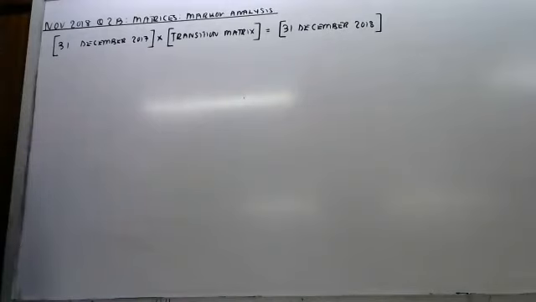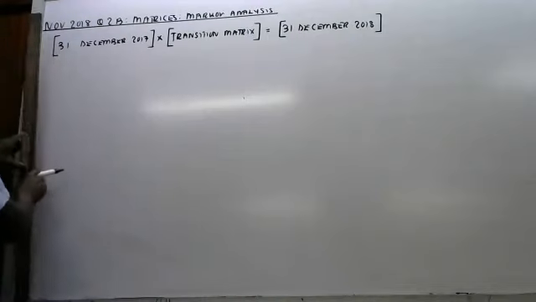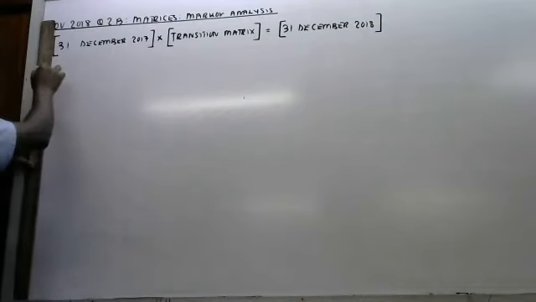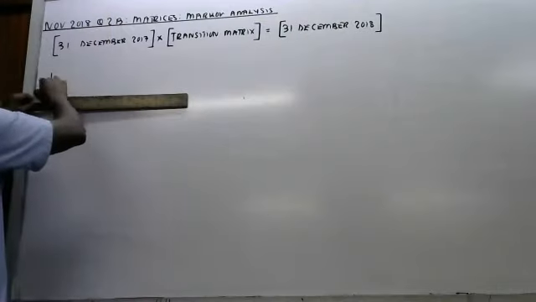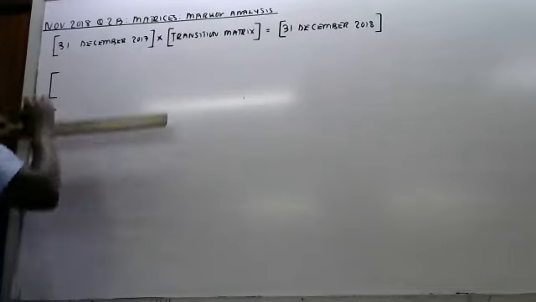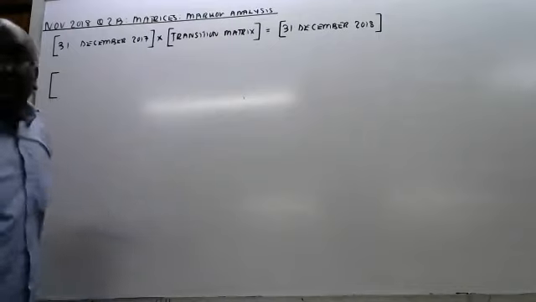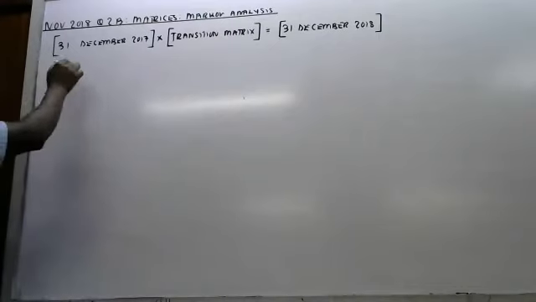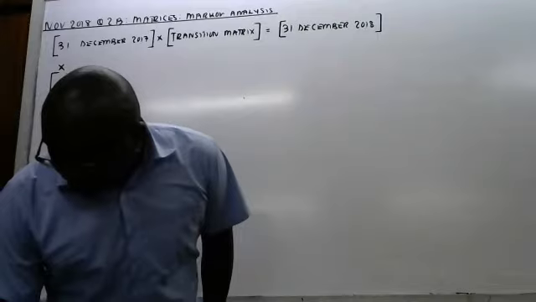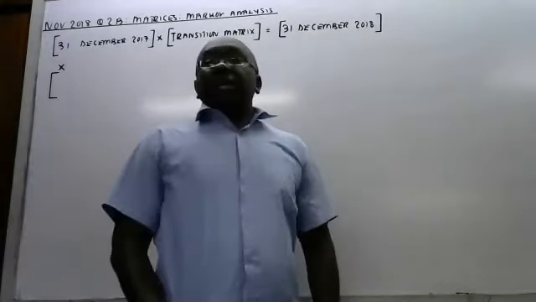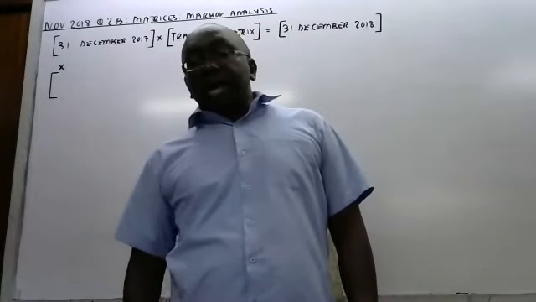So if that is what we are going to have, we will have something like this. There are 3 companies here. We have company X. We are told as at that 1st of December, the companies had an equal share. So if they had equal share, everyone had what share?